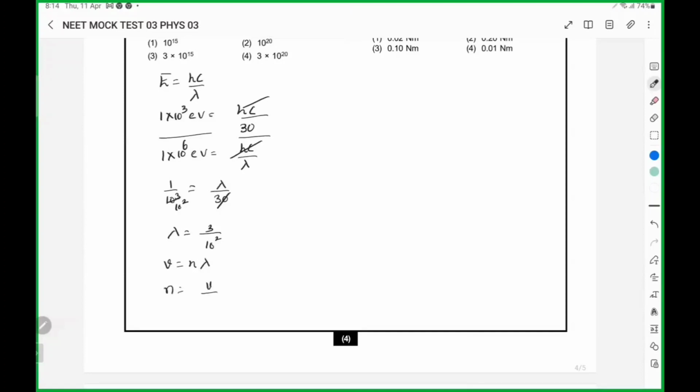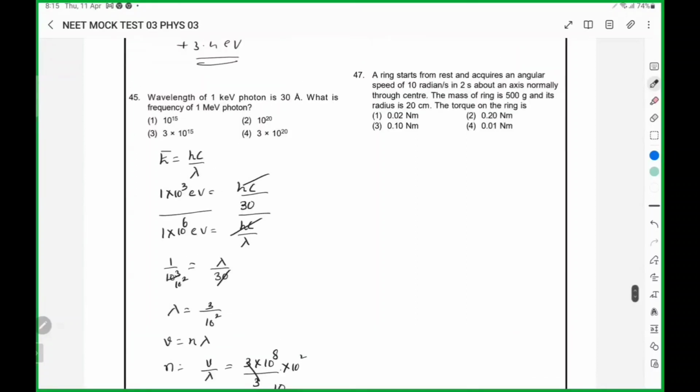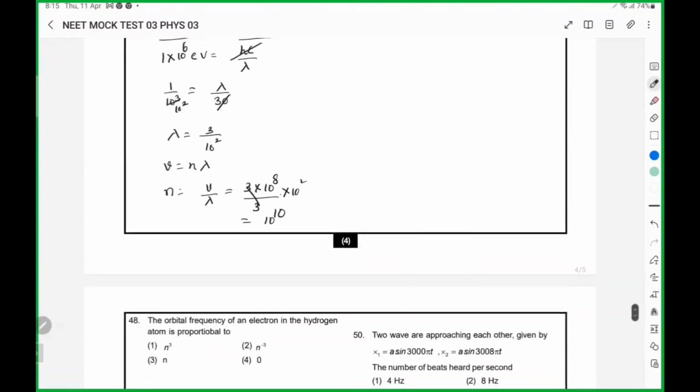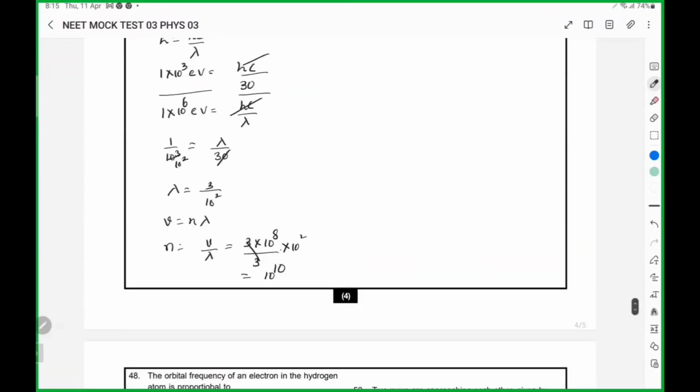Frequency is c by lambda, that is 3 into 10 power 8 by lambda, 3 into 10 to the power minus 2. We get 10 power 10. Let me check here, 30 angstrom units. So here, 0.03 angstrom.